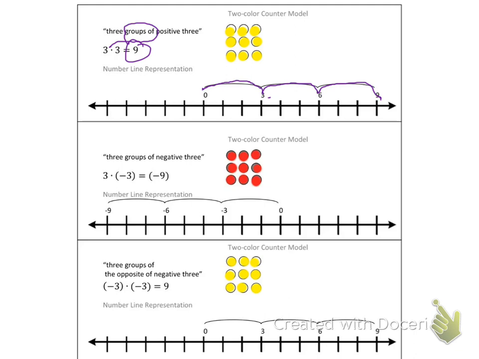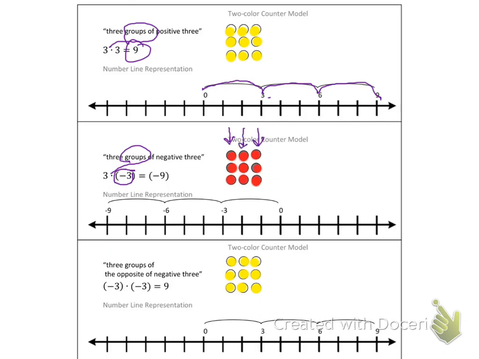The second problem here is a little different because we now have a negative value. So we're going to have 3 groups of negative 3. So our model looks different in that now our counters are red, but we have those 3 groups still.